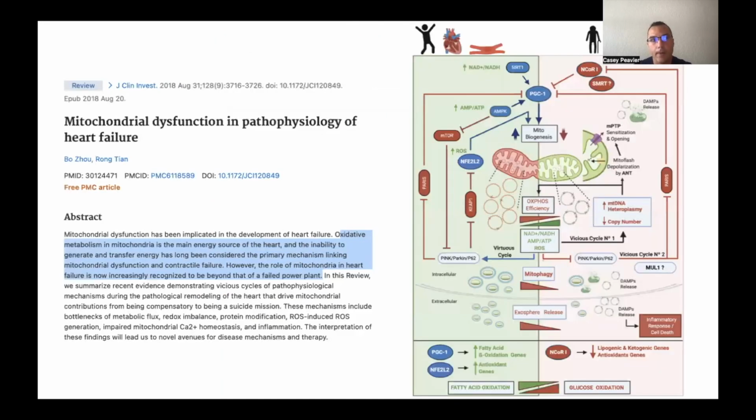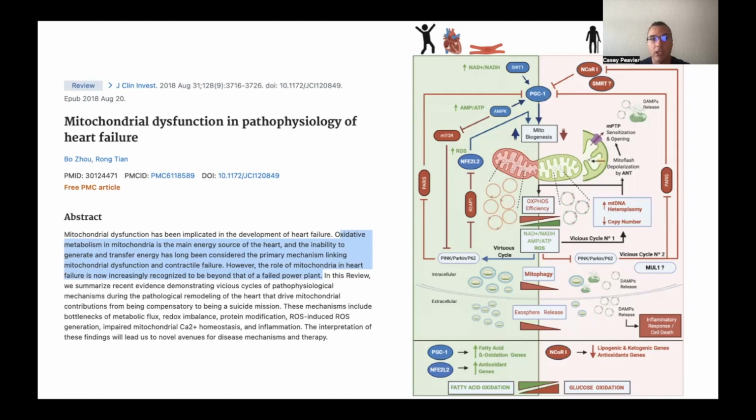So this is another depiction of how mitochondrial dysfunction is intimately involved in the pathophysiology, or the abnormal physiology, of heart failure. And it's basically saying that oxidative metabolism, or oxidative phosphorylation, the creation of ATP through the most efficient pathway in mitochondria, is the main source of energy in the heart.